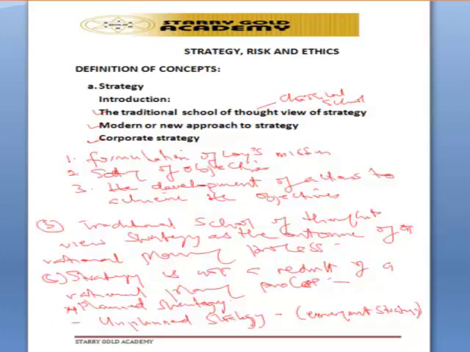Corporate strategy. How can we define corporate strategy, or what is a corporate strategy? It is the art and science of formulating, implementing, and evaluating cross-functional decisions that enable an organization to achieve stated objectives.